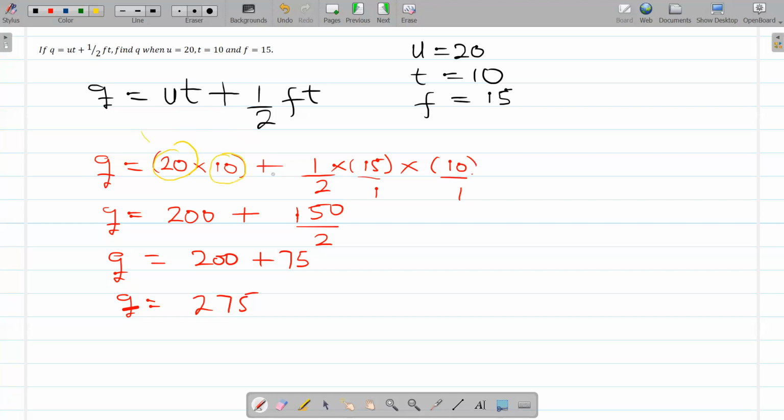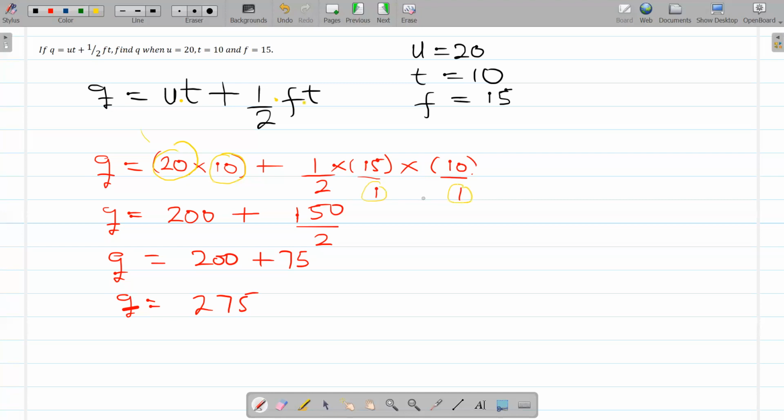Plus half FT. So if it is half FT, then what it means is they are all multiplying. A dot is an indication of a multiplication. So half times F times T. So half times the F, which is 15, times the T, which is 10. So if the number stands alone, then it means it's being divided by 1. That's why I brought the 1.